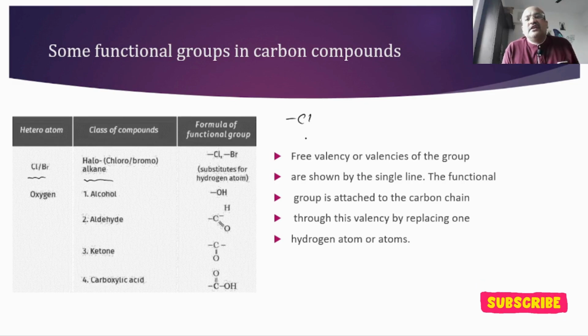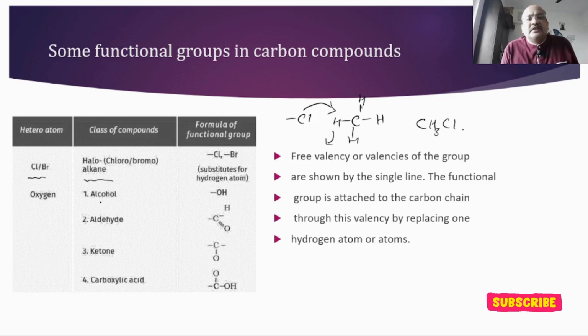The functional group is attached to the carbon chain through its valency by replacing one hydrogen atom. Here you see 4 hydrogens, tetravalency, then a hydrogen is replaced, and it becomes CH3Cl in this case.